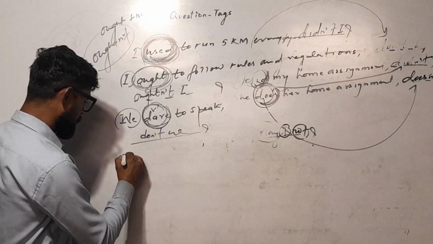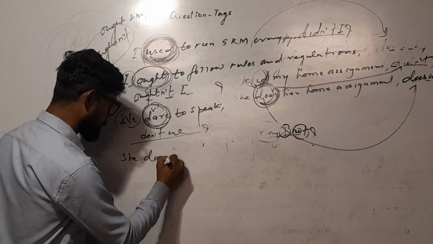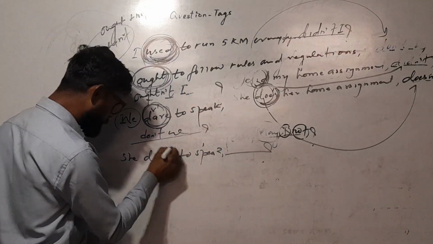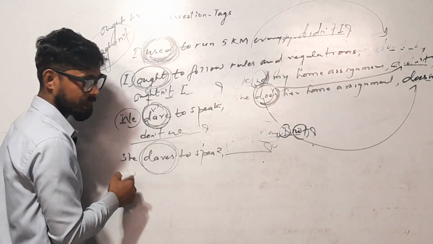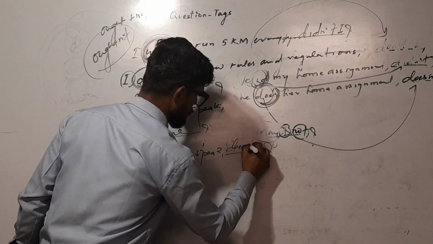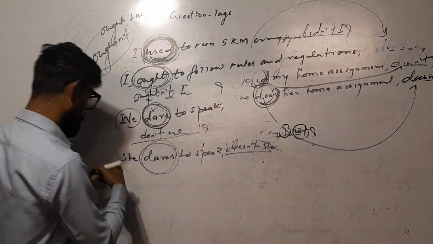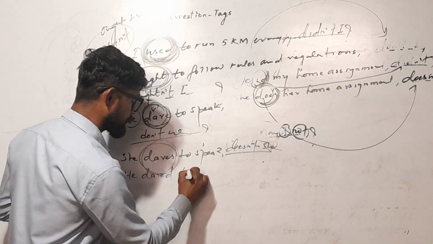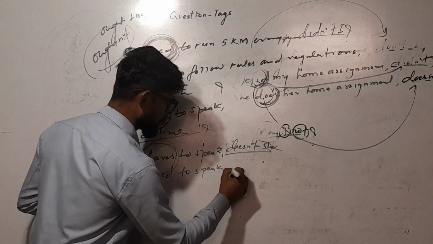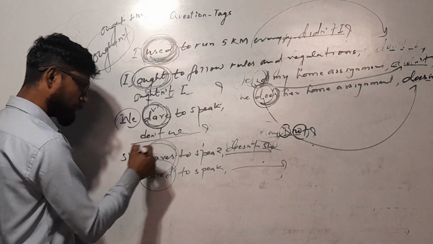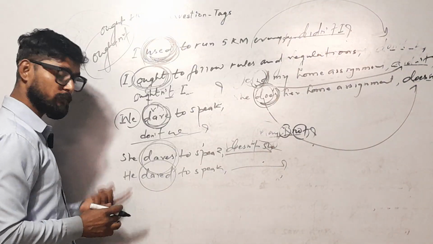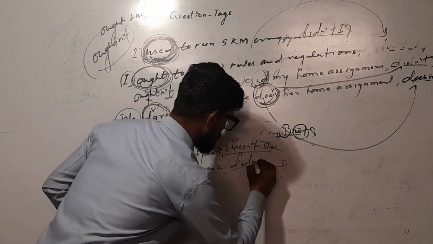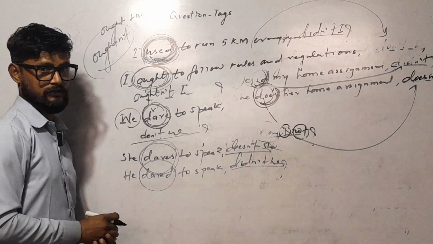If you get she dares to speak, what is this? Dares means verb 5, so doesn't she. Suppose that he dared to speak. What is this now? Verb 2. So verb 2 means didn't. So here didn't. Okay.